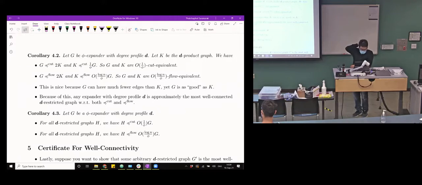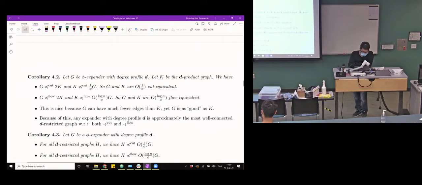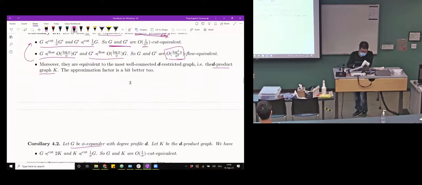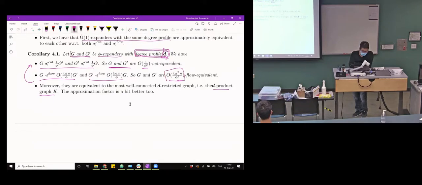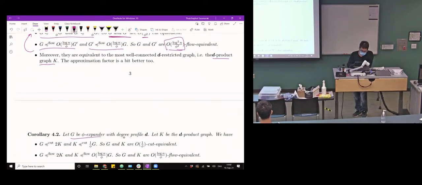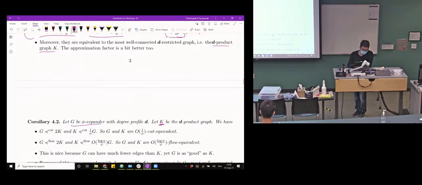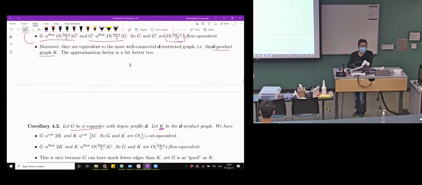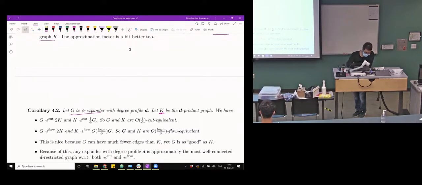Actually, here I just compare any two expanders, but if you compare one expander and one product graph, then you have a bit better factor, because I have shown that for one direction you have just a factor of 2.